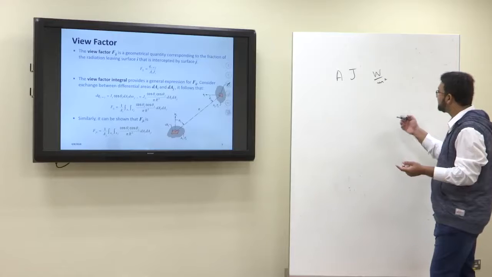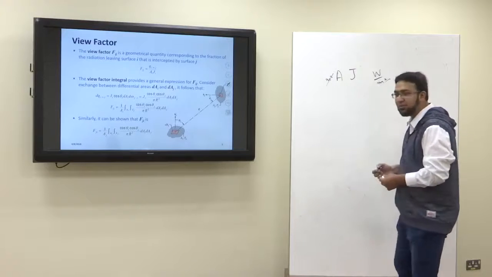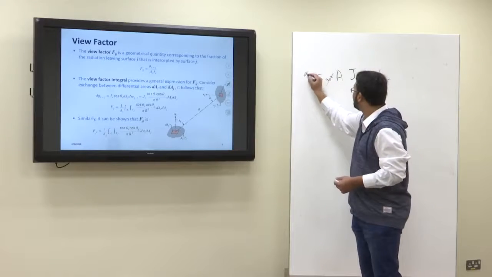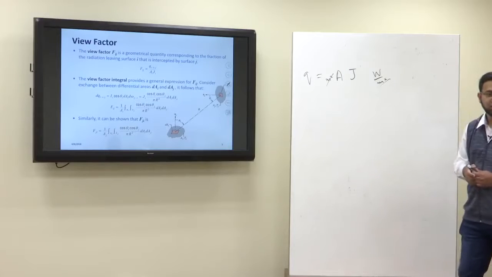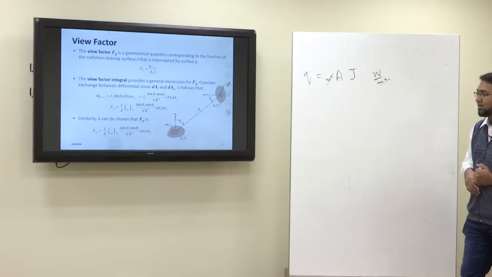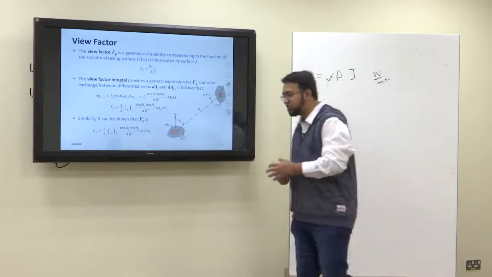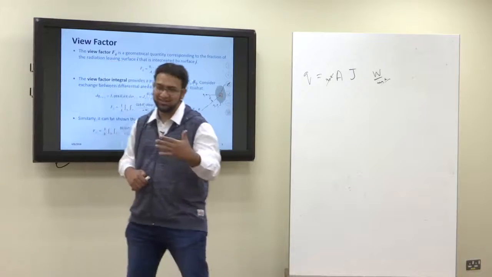This is in meter square, so that's the amount of radiation emitted. So this is basically Q. Q is equal to AJ. Is it clear?